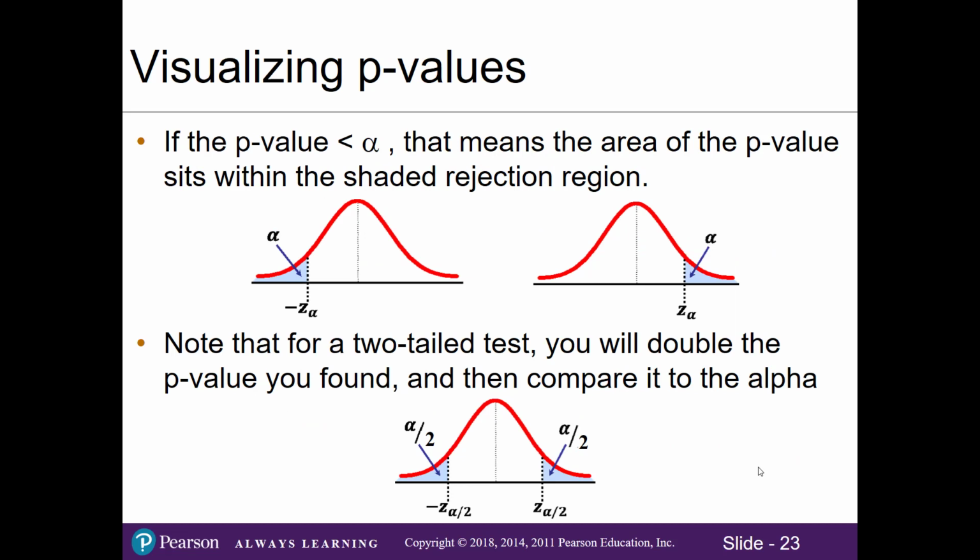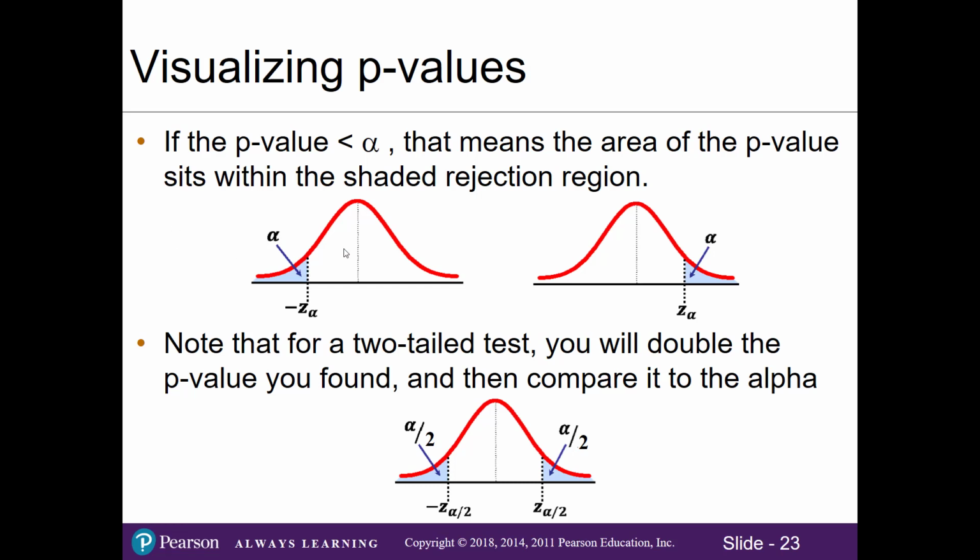So let's visualize what a p-value actually is. We stated that if the p-value is less than our alpha, that means the area of the p-value sits within the shaded region. Here I've got my lower tail test and upper tail test as examples. Say our alpha is 0.05.